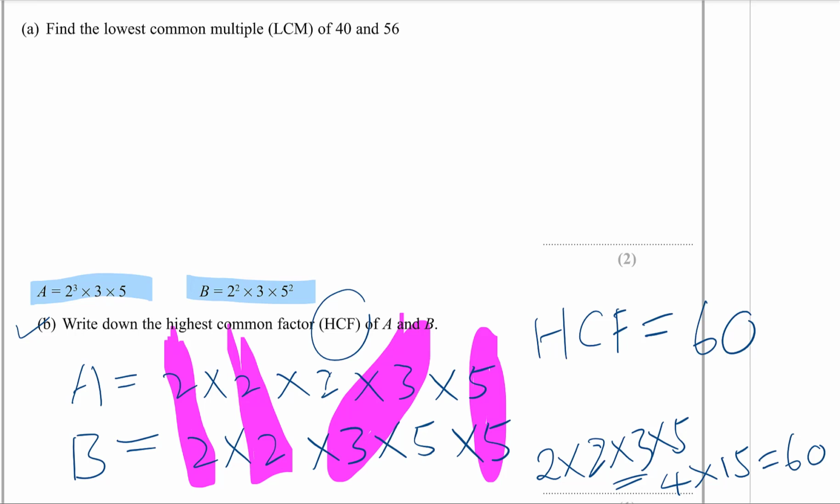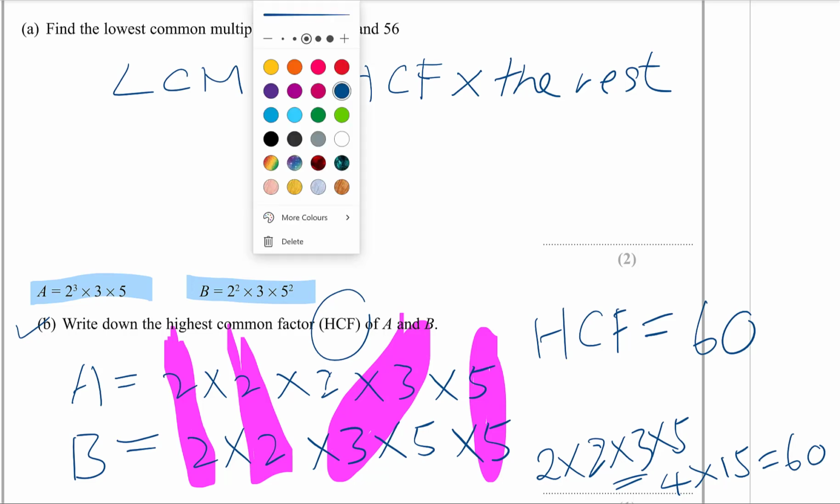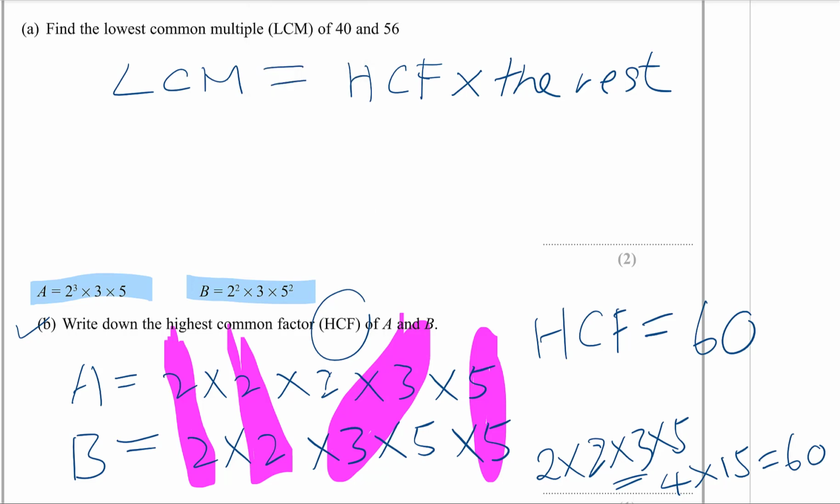Okay, so now let's look at LCM of 40 and 56. I just want to remind you, to find the LCM we take the HCF and then times it by the rest. Okay, and I'm going to first create a prime factor tree for 40.